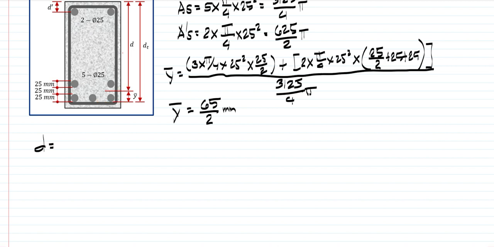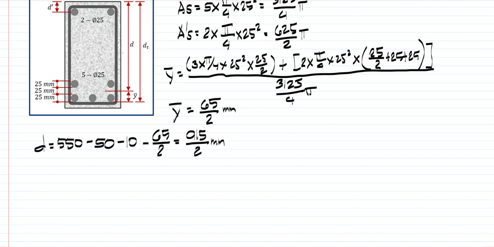So, that will be 550 minus 50, yung clear cover natin, minus yung diameter ng stirrups na 10, and minus yung Y-bar, which is 65 over 2 mm. So, we can have a value of an effective depth, which is 915 over 2 mm.